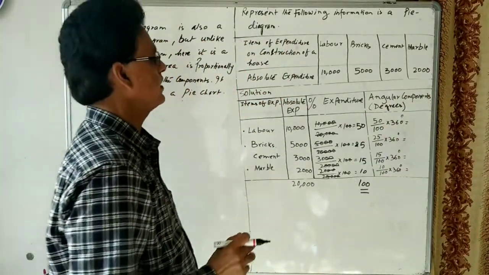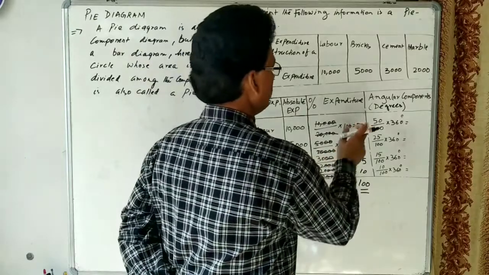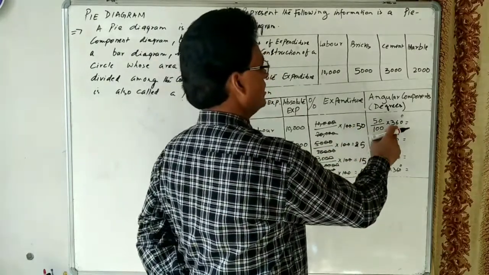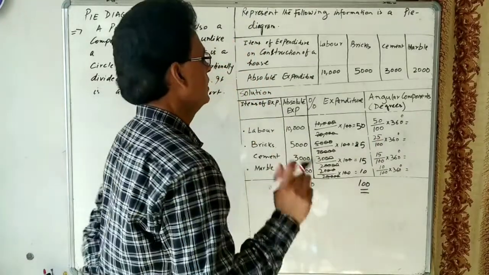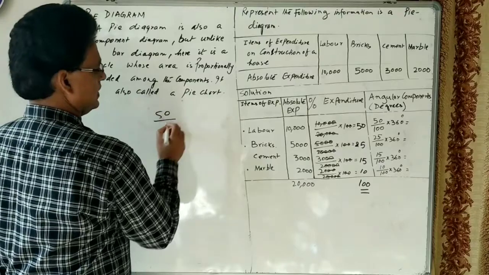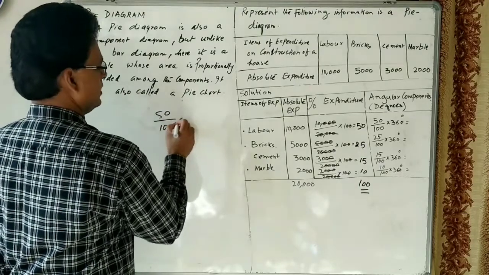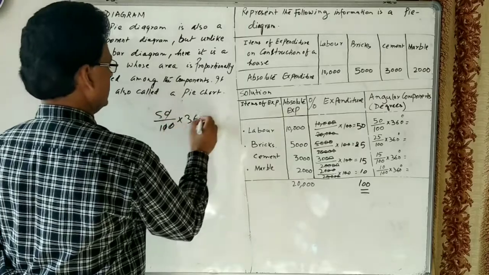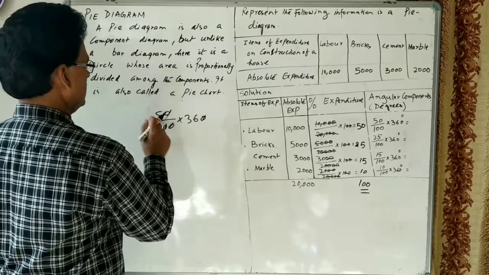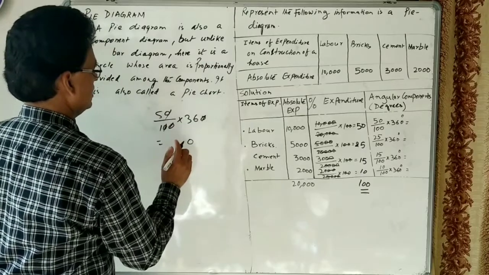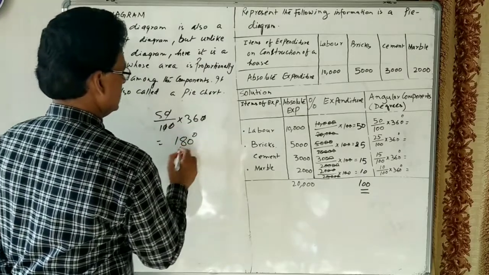Angular components. Here, 50 divided by 100 multiplied by 360, and if we simplify, this will be 180 degrees.